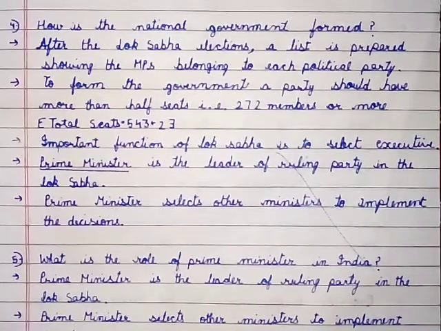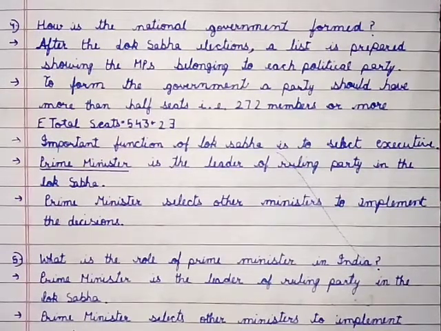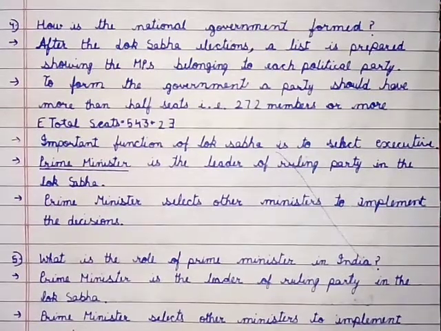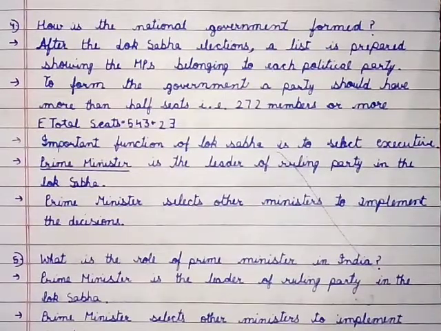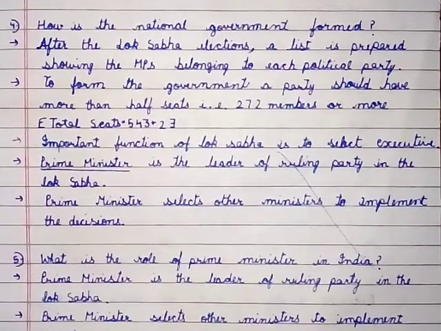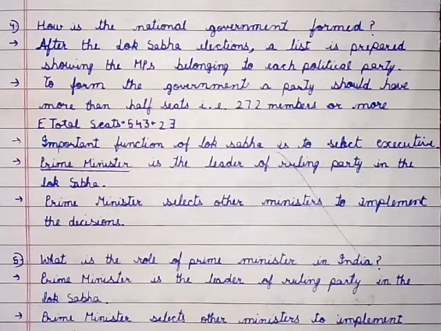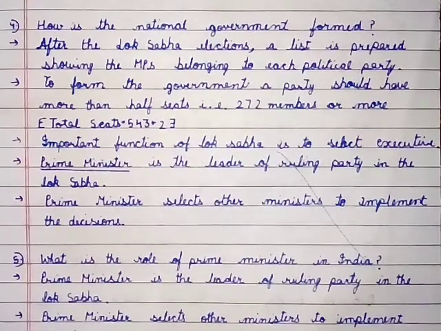Total seats is equal to 543 plus 2. Important function of Lok Sabha is to select executive. Prime Minister is the leader of ruling party in Lok Sabha. Prime Minister selects other ministers to implement the decisions.